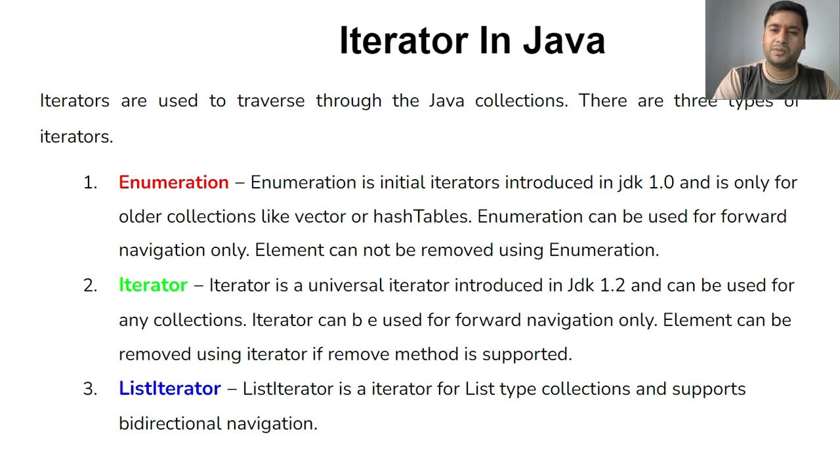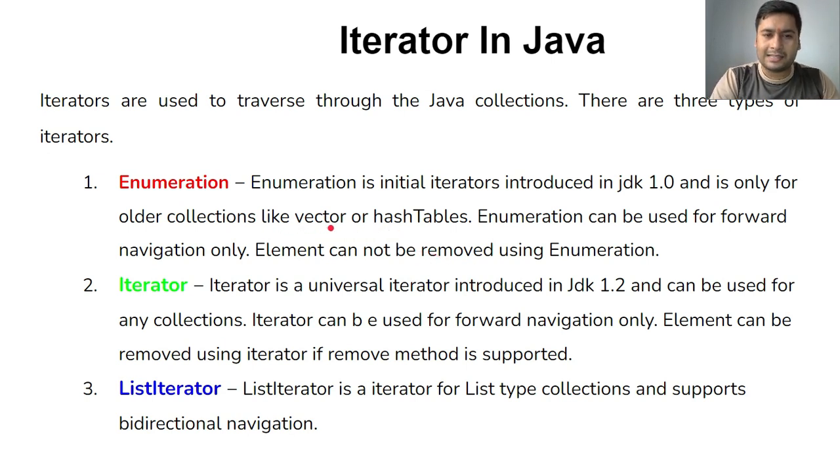It means the first version of the JDK introduced the enumeration class, and with the help of enumeration we can iterate our collections. It is only for legacy collections like Vector or Hashtable. Enumeration has some limits; it will not work with all collection implementation classes, and it is only helpful when you go with Vector and Hashtable.